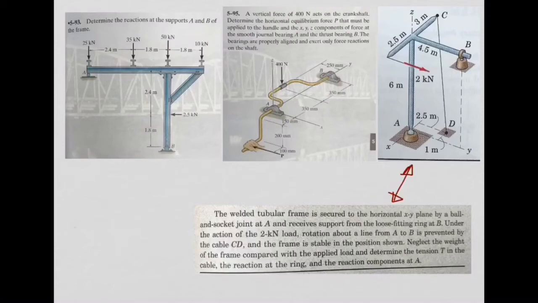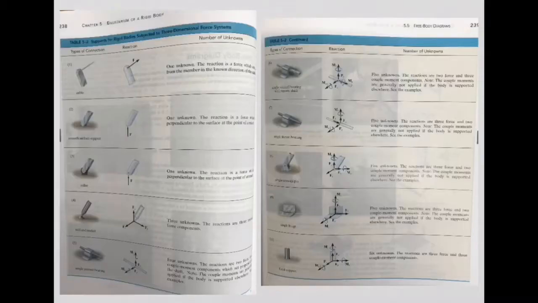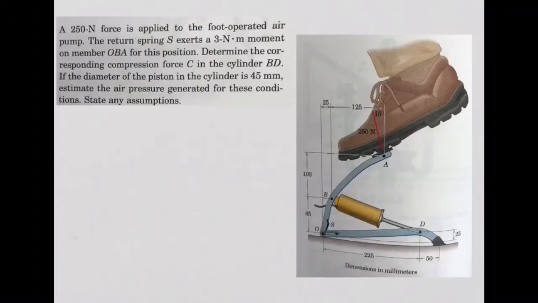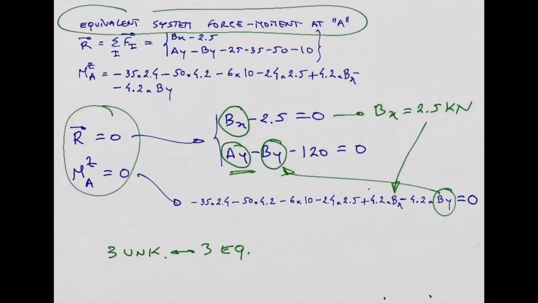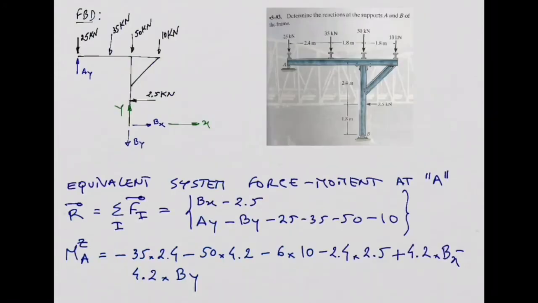Yes, you have a question? When you solve for By or Bx, if they come out negative, you have to change the direction on the free body diagram. Yes. The question is, when you solve this system, if you have any negative value for the unknowns, this means the initial orientation you gave to these reactions, Ay, Bx, By, needs to be reversed.